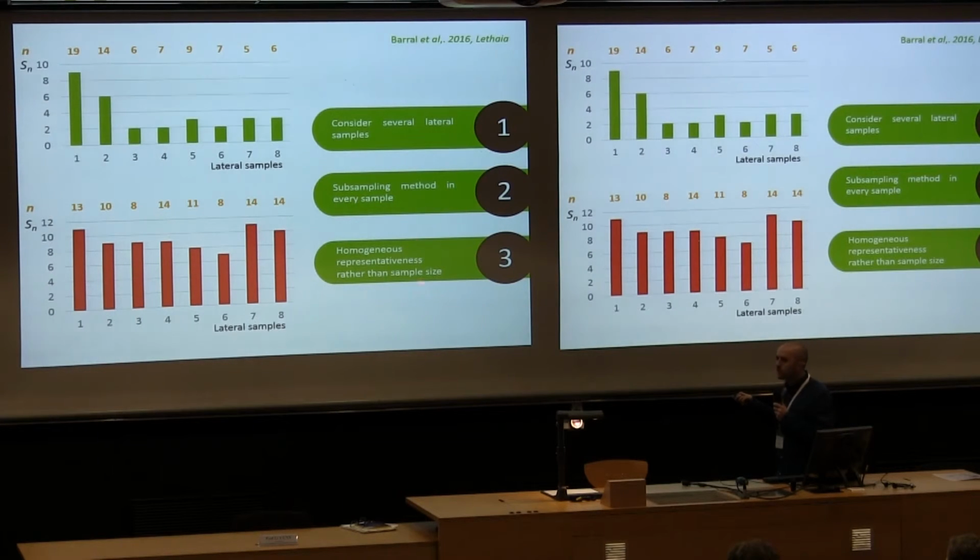That using a subsampling method in each lateral sample allows considering every lateral sample as an independent sample from the statistical point of view, and so we can really robustly measure the spatial distribution of this diversity, and that it's more important to look for a homogeneous representativeness of diversity than having a homogeneous sample size between samples.